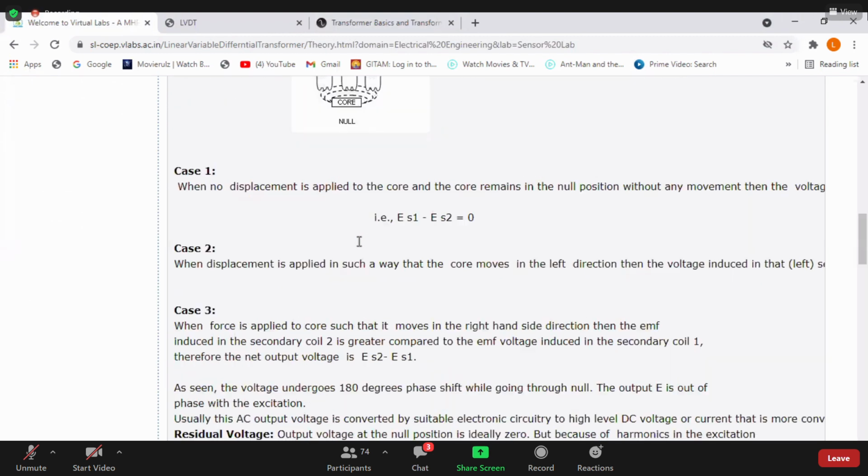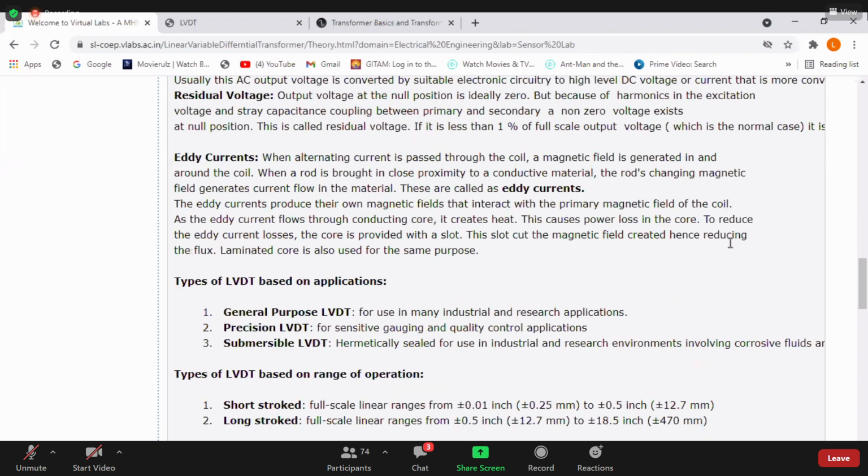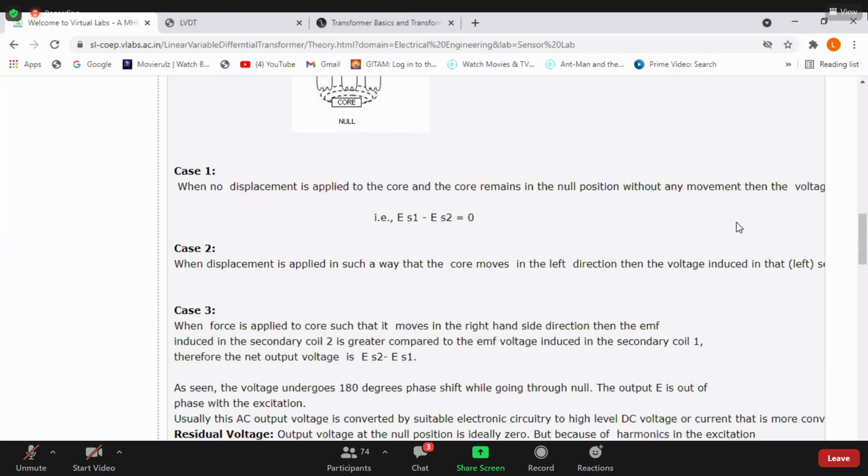When no displacement is applied to the core and the core remains in the null position without any movement, then the voltage will be 0. Either ES1 minus ES2 equals 0, sir.